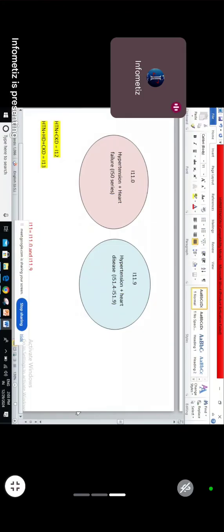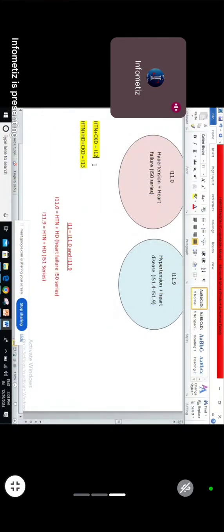Clear? In a similar way, for I12 I also have the same thing.